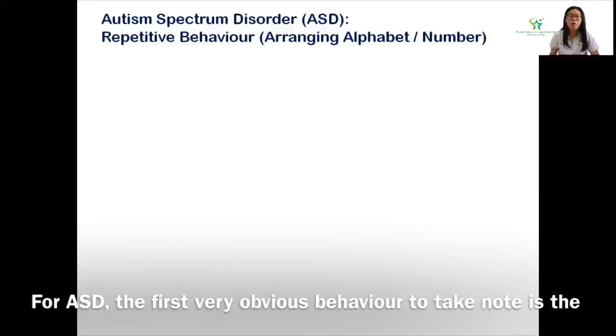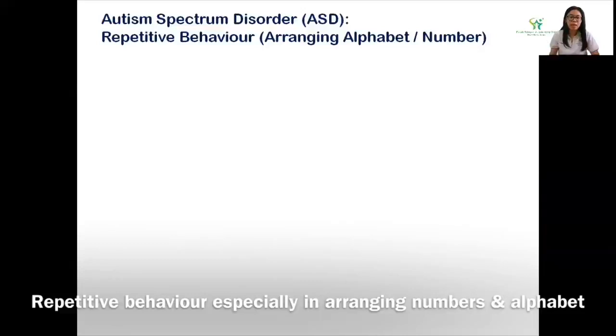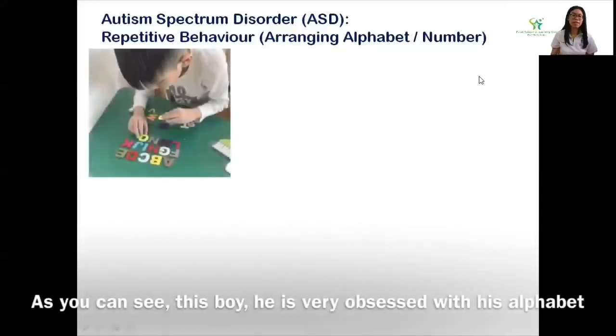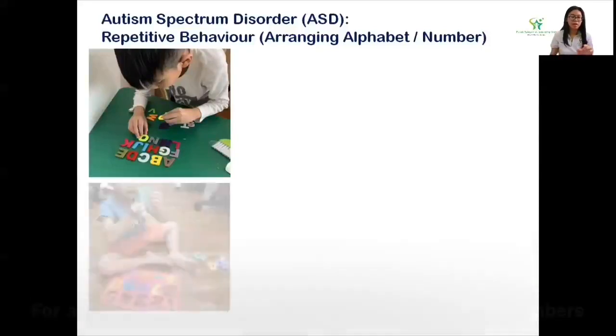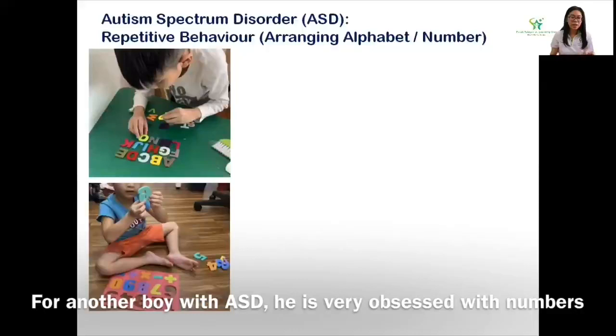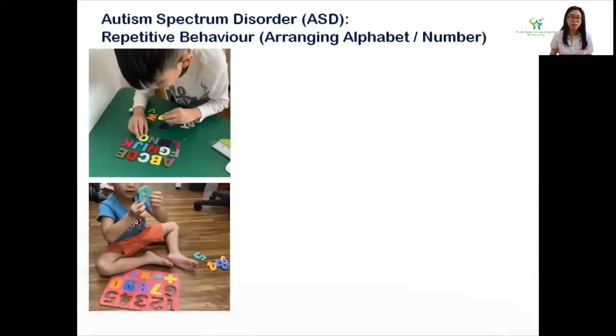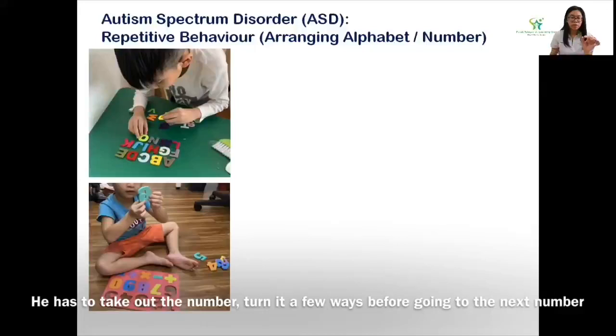The first very obvious behavior to take note of is repetitive behavior, especially in arranging numbers and alphabets. As you can see, this boy is very obsessed with alphabets. He would arrange each letter with a very specific spacing between them. Another boy with ASD is very obsessed with numbers. He has to take out the number and turn it a few ways before he goes to the next number.